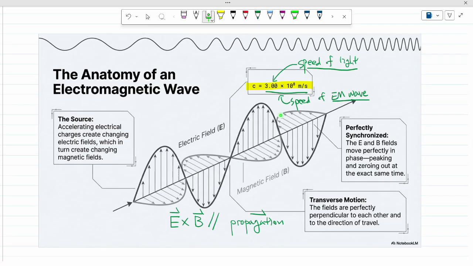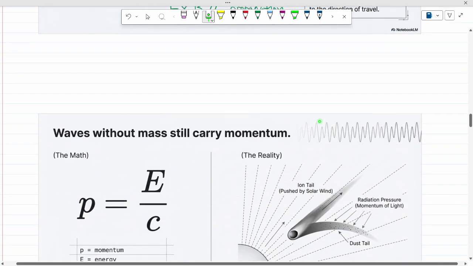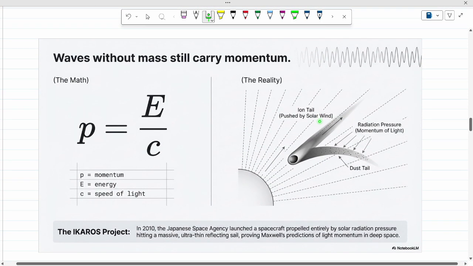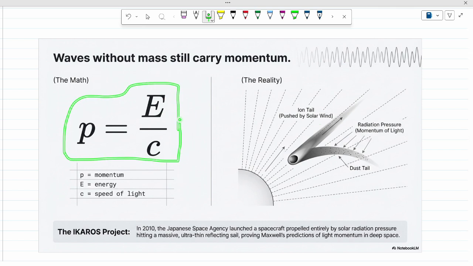And one more property of light: it's a wave, so it carries energy, and it also carries momentum. And this is the equation that tells you the momentum that's carried by light. I'm running out of time, so let me just say briefly, you can observe the momentum carried by light in astronomical phenomena.